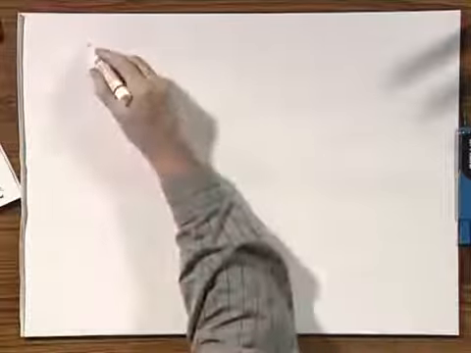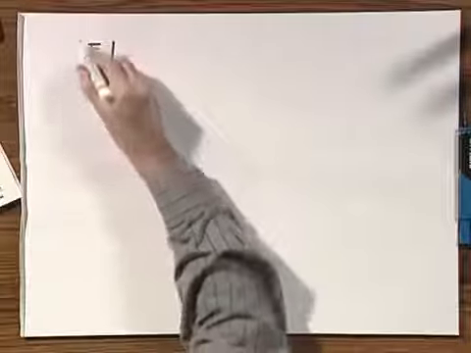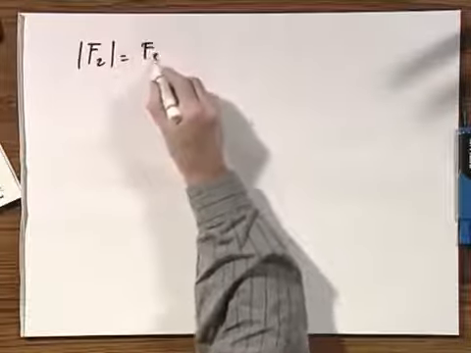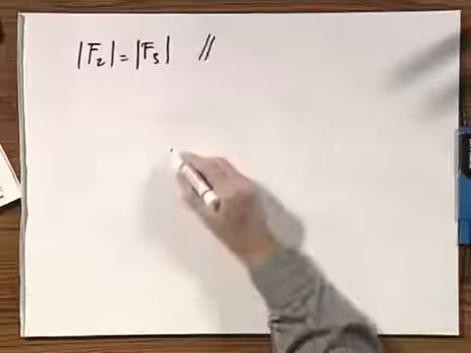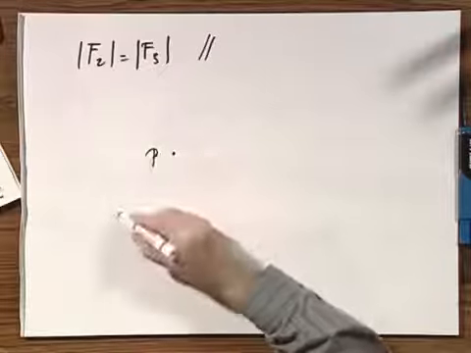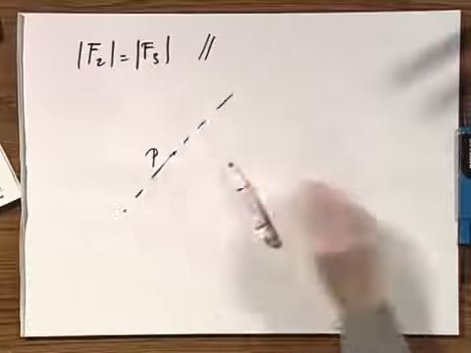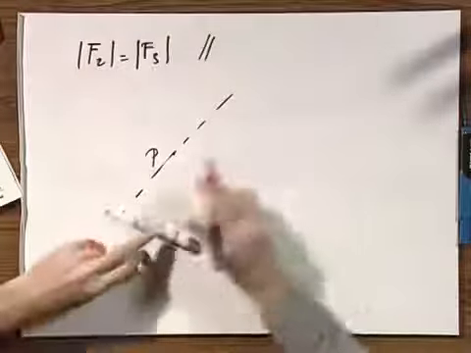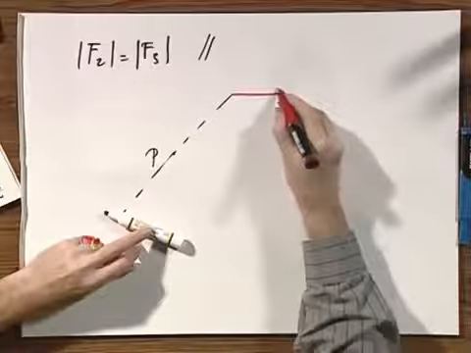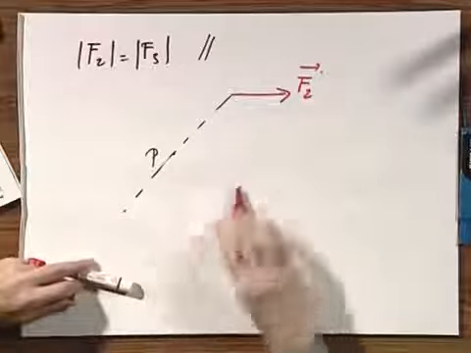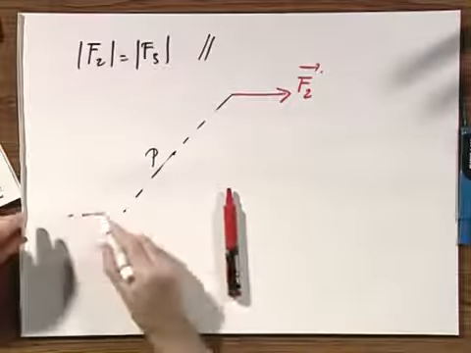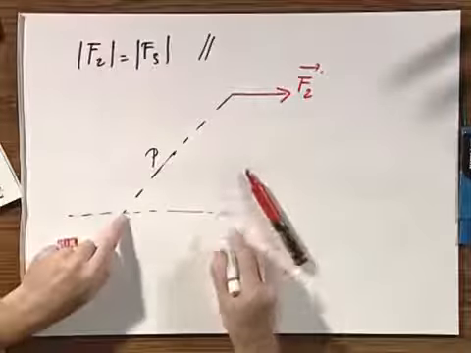Now I want to address some special cases. Let us suppose that we have that F2 equals F3 and that they're parallel. So here I have a point P and here I have a force F2 and here I have a force F3. It doesn't have to be exactly going through this point.